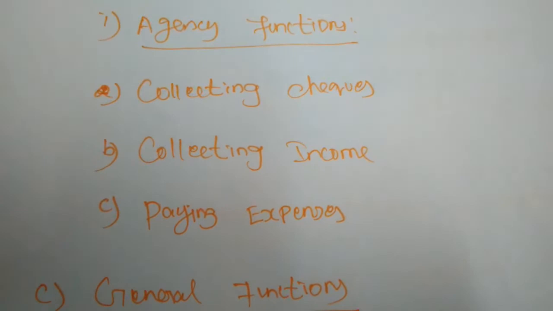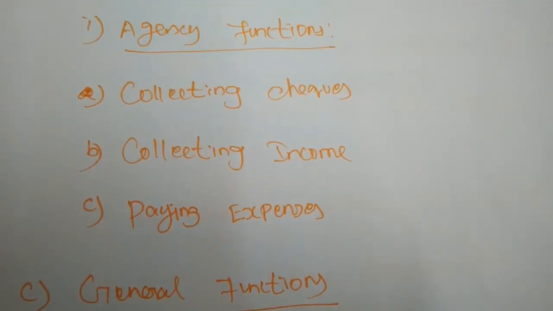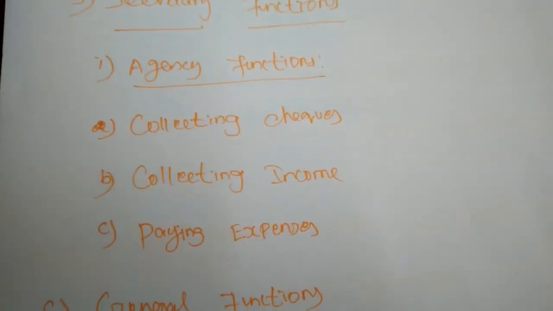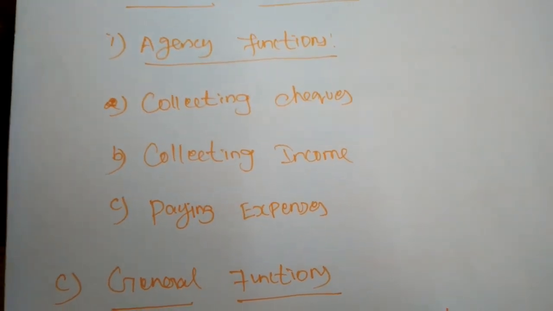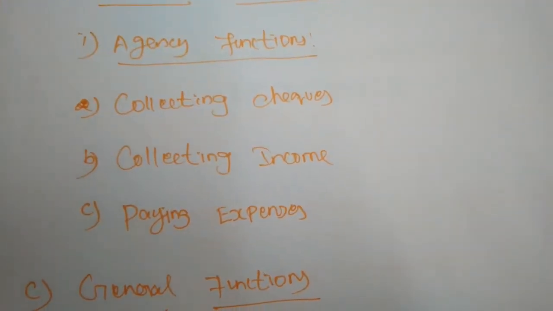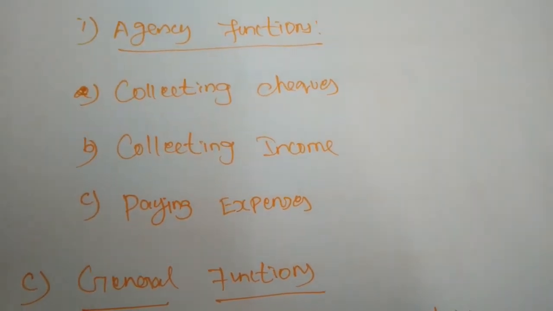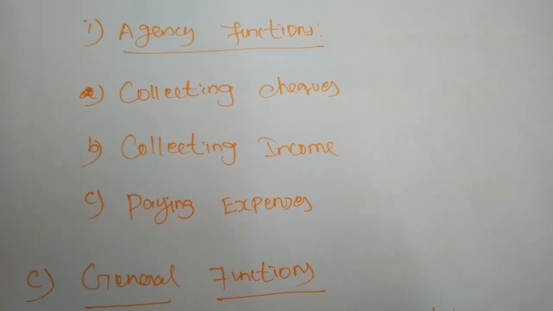So the central bank also introduces different kinds of benefits. One of the benefits is clearing house facilities. Clearing house facilities means if you want to change a check into money, we can easily change the check in any bank.